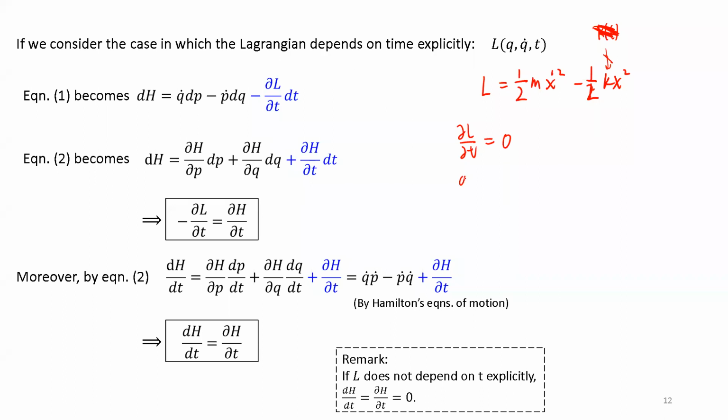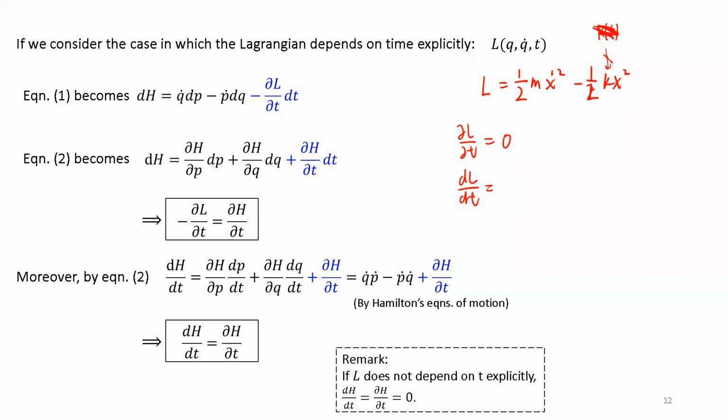So in this case, what about dL/dt? Is dL/dt 0 or what? Now we all agree that partial L partial t is 0. What about dL/dt? Look at this. Is dL/dt 0 or not? So dL/dt is not 0.